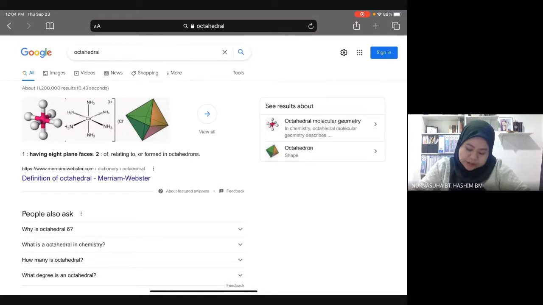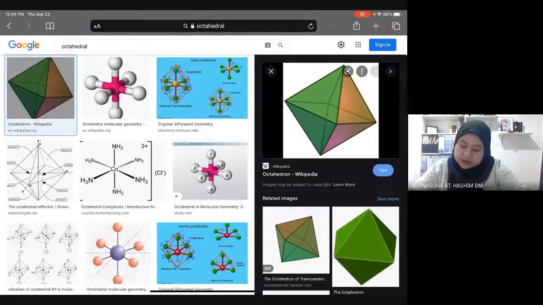Okay, ini 3D shape. Ini contoh tetrahedral lah dari segi 3D shape-nya. Dia macam piramid bertapak segi 4 tepat. Okay, this one is for octahedral.